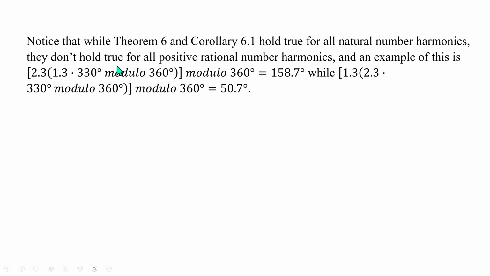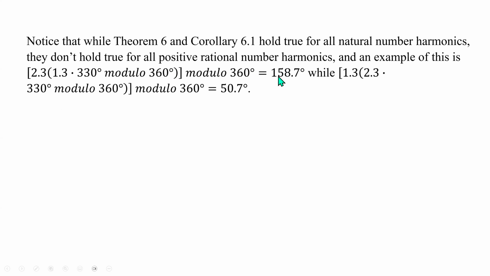Okay, notice that while Theorem 6 and Corollary 6.1 hold true for all natural number harmonics, they don't hold true for all positive rational number harmonics. An example of this is if I take 2.3 times, and then in parentheses, 1.3 times 330 degrees modulo 360 degrees. Take this whole thing, reduce it modulo 360 degrees.